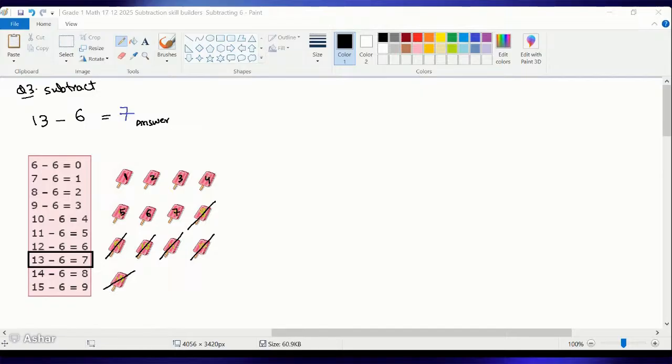Okay, so if the question is subtract 9 minus 6, from the grid, we know that 9 minus 6 would be, can anyone answer me? What is 9 minus 6?